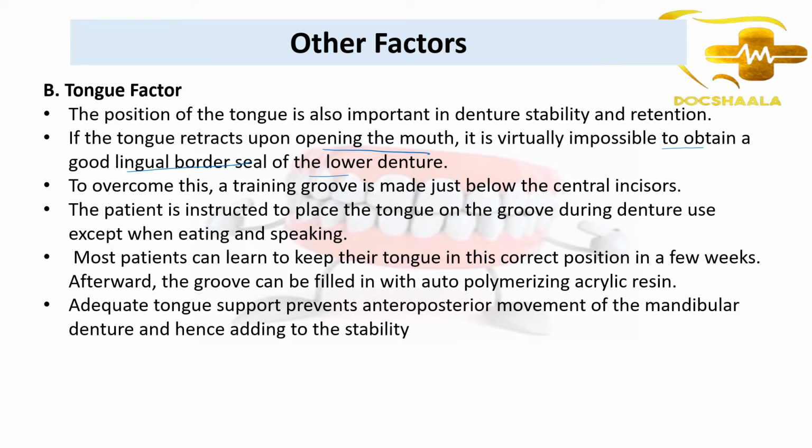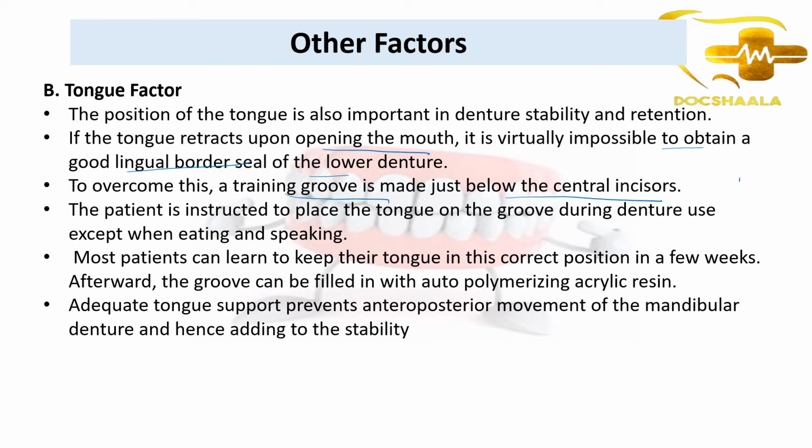If while opening the mouth the tongue is retracting, we cannot produce a perfect border seal, because when we are performing the border molding technique in the mandibular denture, we use the pressure from the tongue to achieve the border surfaces. Okay, so to overcome this, a training groove is made just below the central incisors.